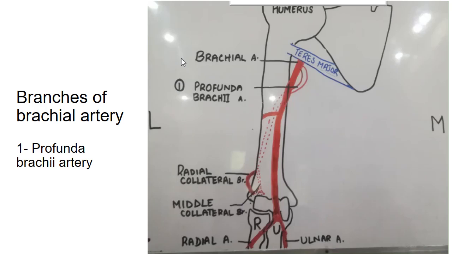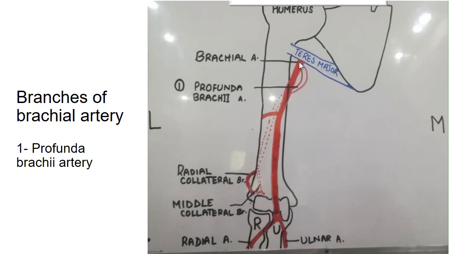The first branch of the brachial artery is the profunda brachii artery, which is also known as deep brachial artery or deep artery of the arm. It is the largest branch of the brachial artery and it has the most superior origin. This is the origin point of the profunda brachii artery.